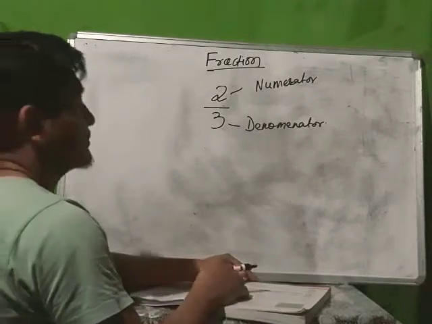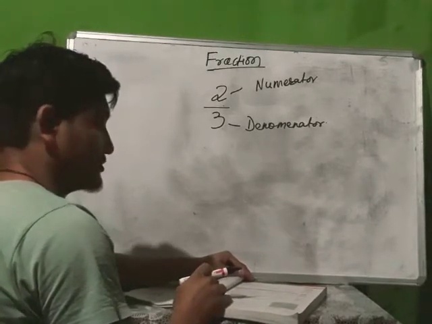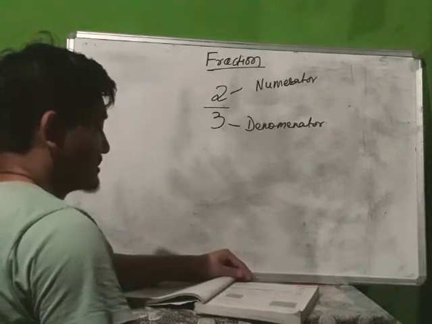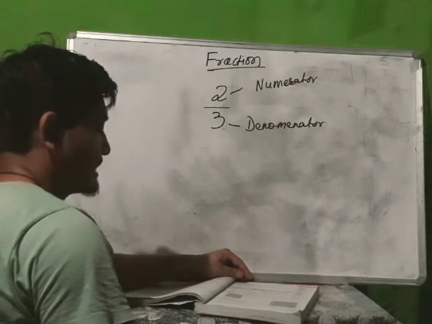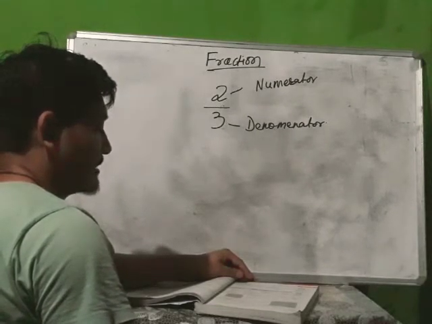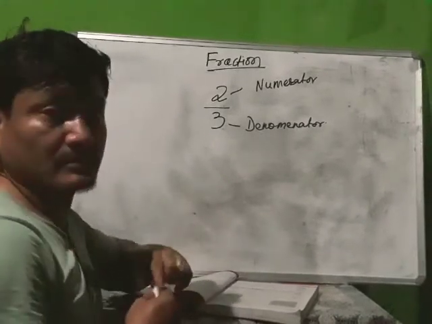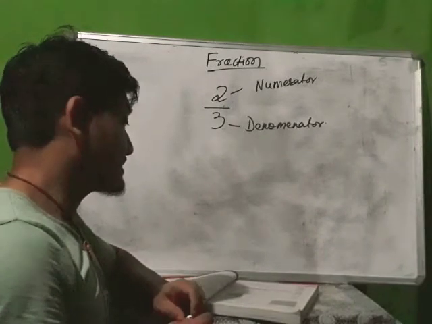Okay, so here in exercise 2.1 you are given some questions to solve, and the first question is 2 minus 3 by 5. My dear students, open the textbook and see page number 31.